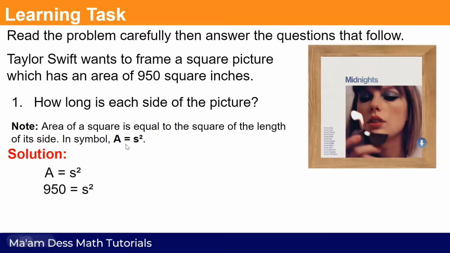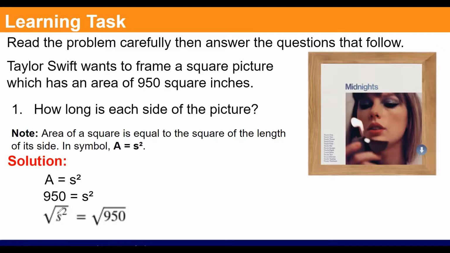So, ang hahanapin po natin ay ang side or the length of the side of this picture. So, let us have the square root of S squared is equal to square root of 950. Okay. So, ito po, pag kinuha natin ang square root nito, ibig pong sabihin, matatanggal yung exponent na 2.